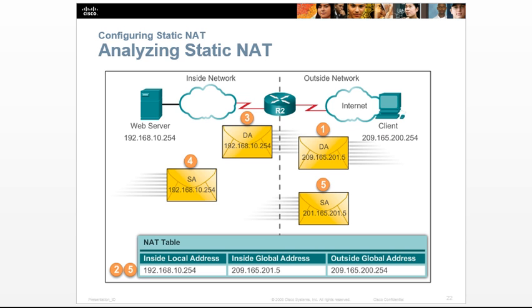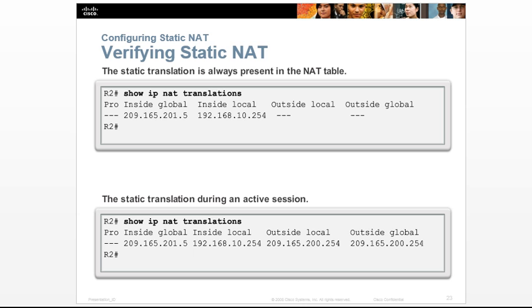And notice in our little table we have an inside address and an outside address. To verify that NAT is running, we can do a show IP NAT translations command. And that will basically print from the CLI the table that we were talking about earlier.